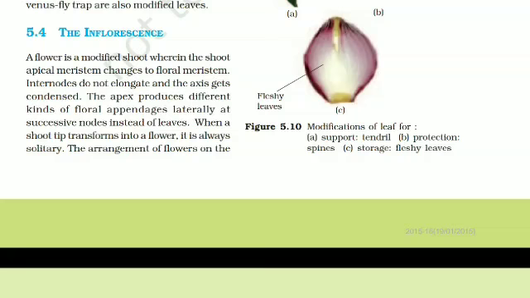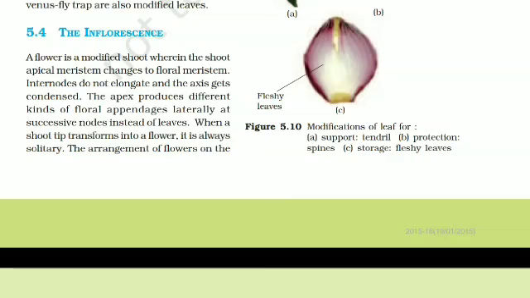Okay class? When you see a flower, can you imagine that it is actually a modified shoot? But it is. A flower is a modified shoot wherein the shoot apical meristem changes to floral meristem and the internodes in the shoot do not elongate and the axis gets condensed.